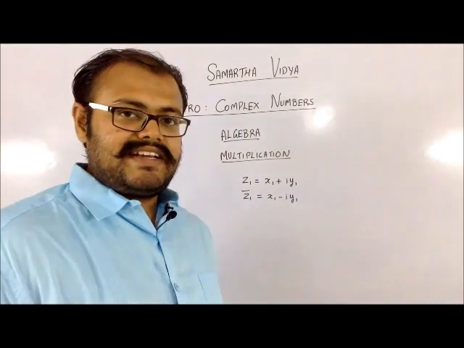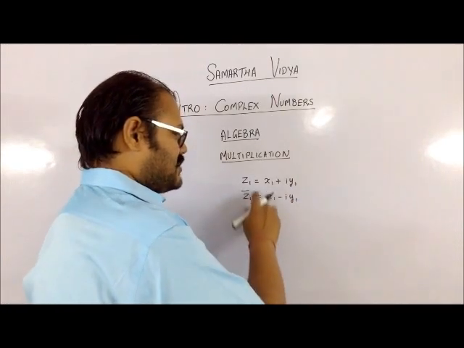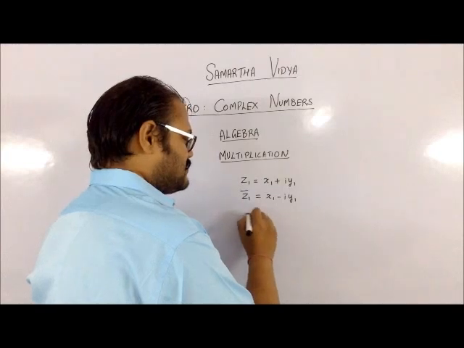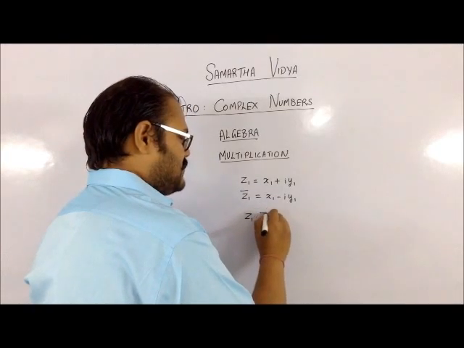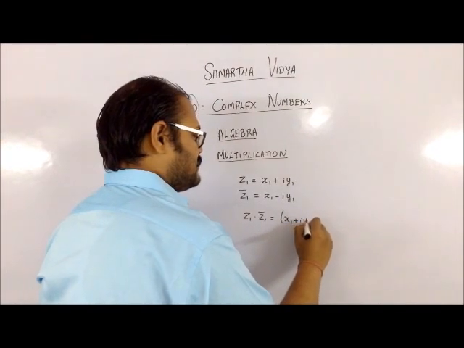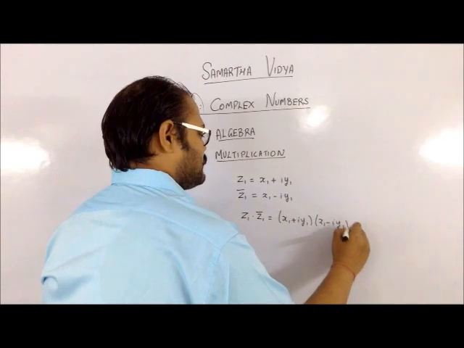So conjugate, as we can recollect, is just a sign change of the imaginary part. So I am multiplying a complex number with its conjugate. z1 into z1 bar will give me (x1 + i y1) into (x1 - i y1).